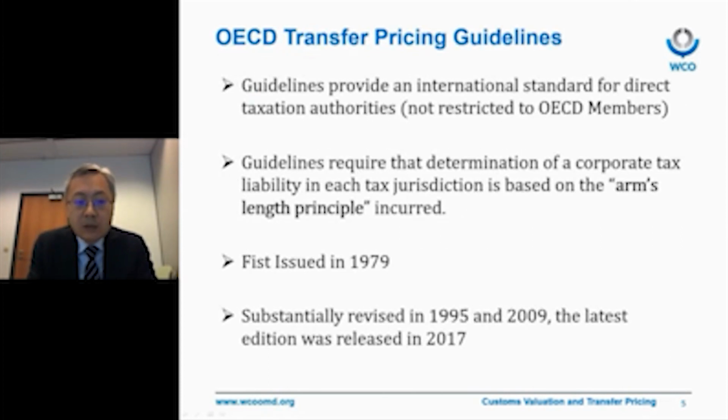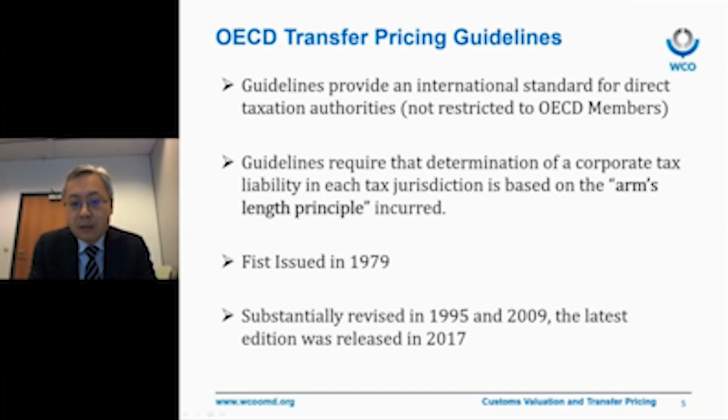The OECD, the Organization for Economic Cooperation and Development, has provided an international standard. The OECD Transfer Pricing Guidelines is an international standard for direct taxation authorities. Actually, nowadays it's used by most tax authorities in the world, not just limited to OECD members.